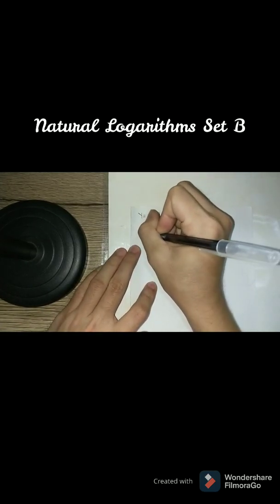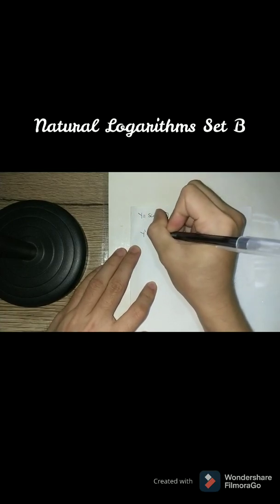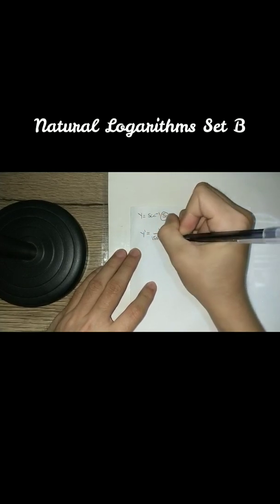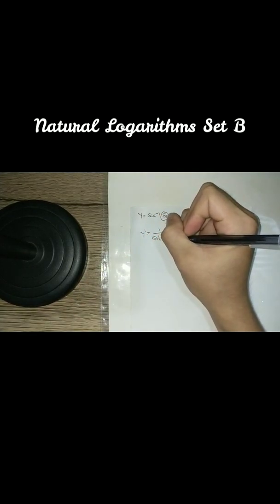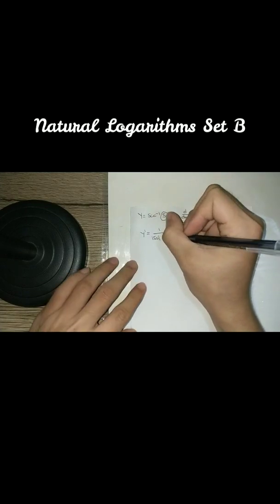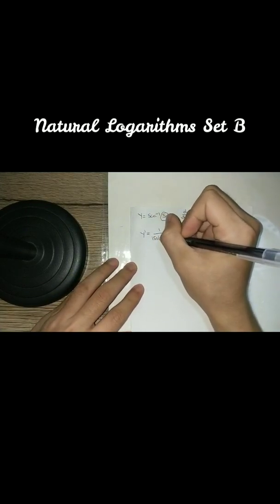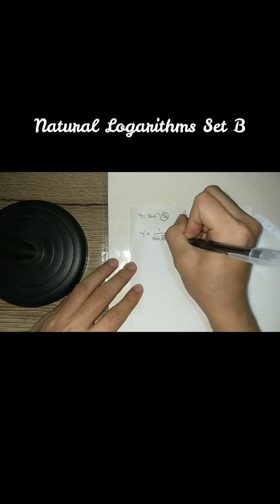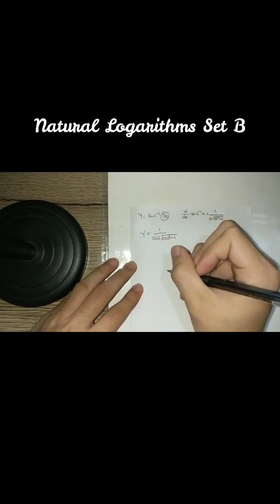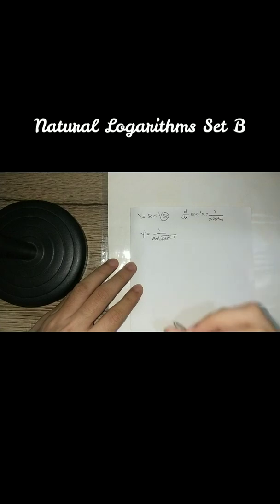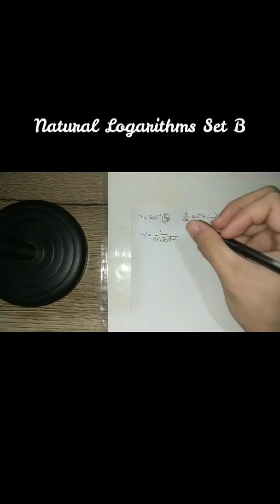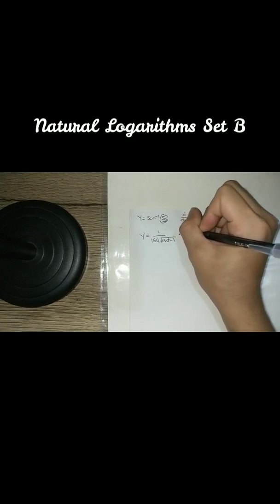y prime equals 1 divided by the absolute value of 5s, and then we're going to take the square root of 5s squared minus 1. And the derivative of 5s is just 5.